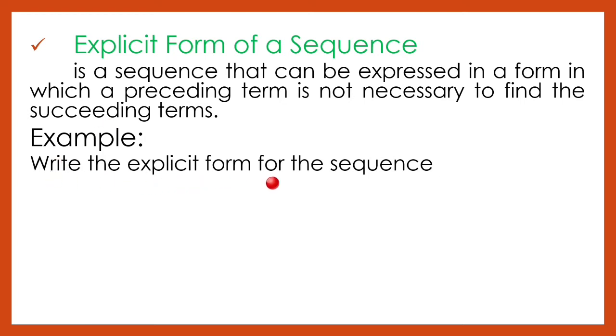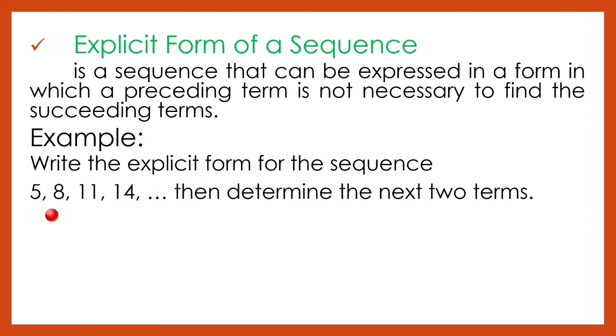Write the explicit form for the sequence 5, 8, 11, 14, and so on. Then determine the next two terms. For our solution, our a sub 1 is 5, which is the first term.